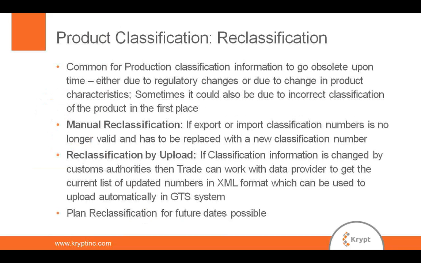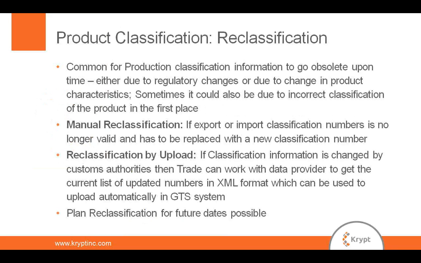There could be a couple of ways reclassification can be done in the system. One is through a manual way. You can go into the system, there is a ready-made transaction code. You can go there and pick all your products which have to be reclassified, or pick any individual product, or you can just give your ECCN number or the HTS number, and the system just replaces all the old numbers with the new number, whatever you have been assigning.